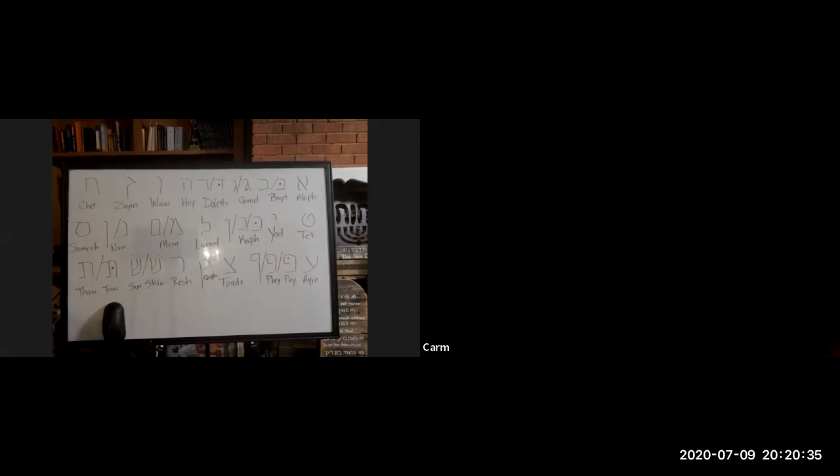Lamed. La. Next letter, you have your mem. Gives you your M sound. Mem. And that's funny, because this is how you spell mem. You have a mem and then a mem sofit. This is the beginning or the middle of a word. This is your sofit, final form, if it's at the end of a word.